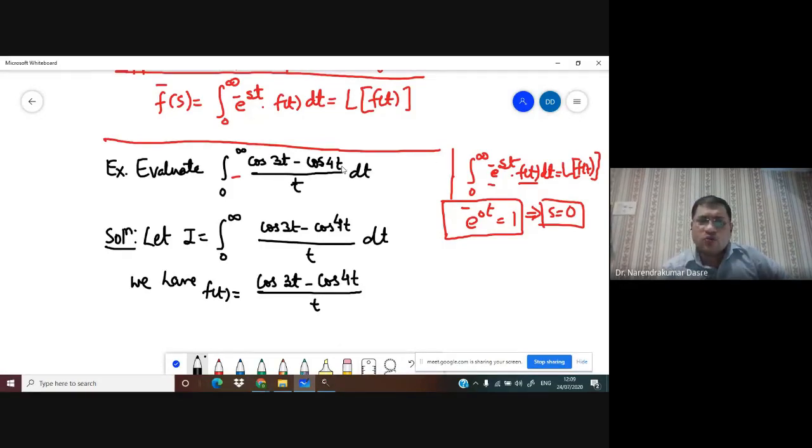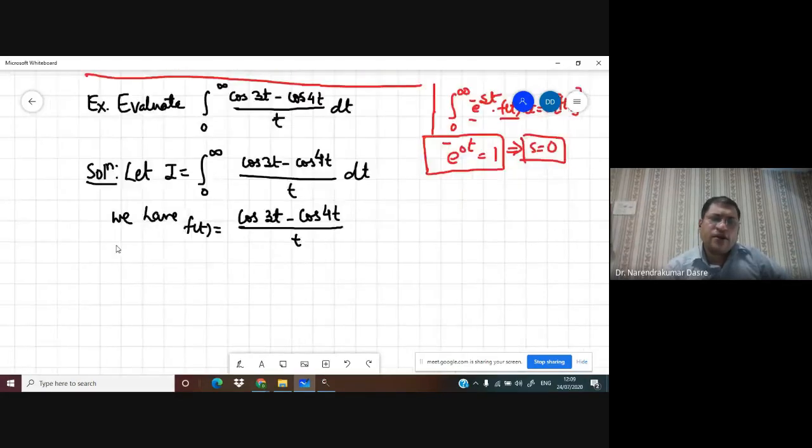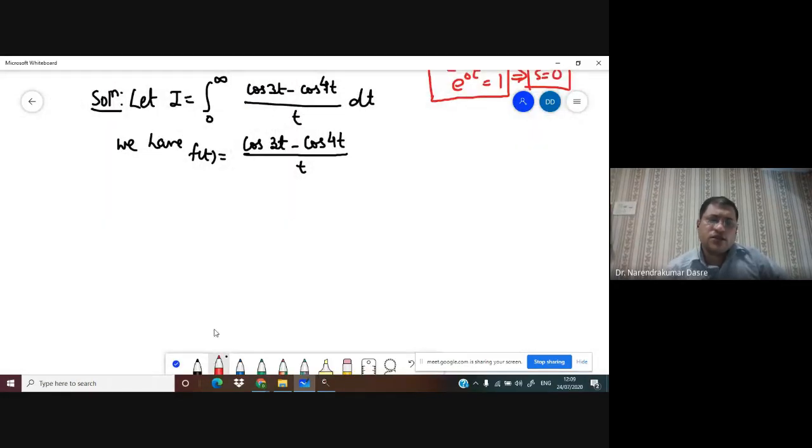Now, once I know that this is f of t, that means I have to find the Laplace of f of t. So I have to find the Laplace of this and then put s equal to 0, so I can get this integral. While finding the Laplace transform of this, you can see that this is the property division by t.